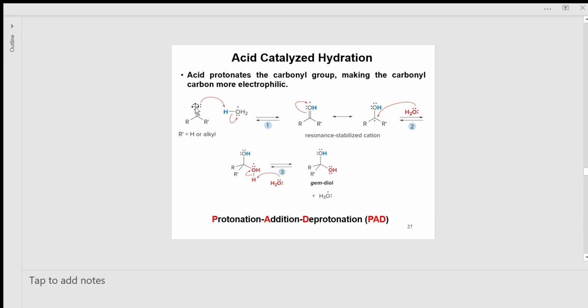Protonation of oxygen, that's protonation; addition of water to the carbonyl cation; then deprotonation of one of the two hydrogens in the water molecule to form a new product. PAD. So whenever you see a carbonyl under acid conditions, think about the PAD reaction.